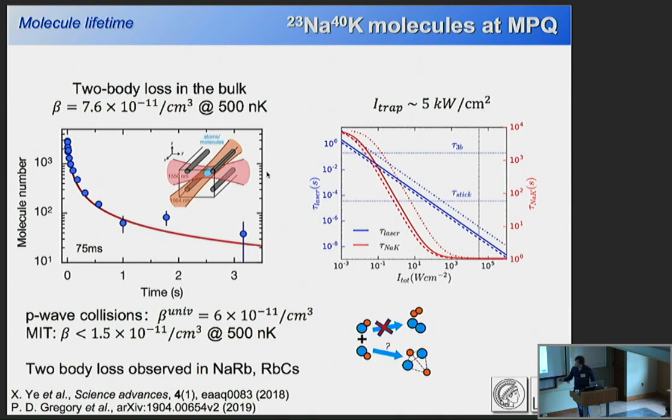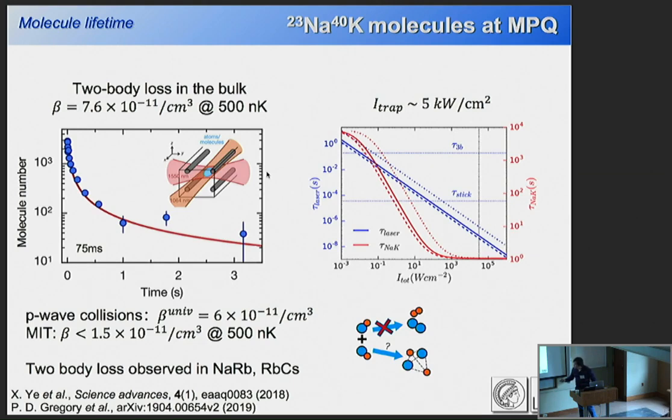The universal loss coefficient with p-wave is 6 times 10^-11, but the MIT report is 4 times smaller. The discrepancy is probably because either the hyperfine state is different, or the calibration of the density and temperature has some systematic error. We cannot exclude this possibility.